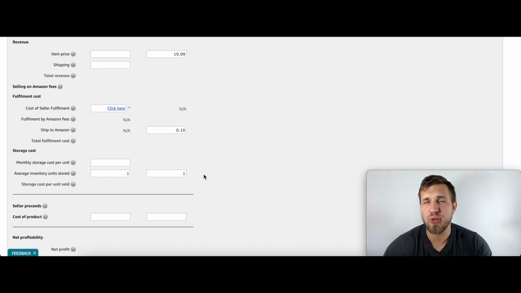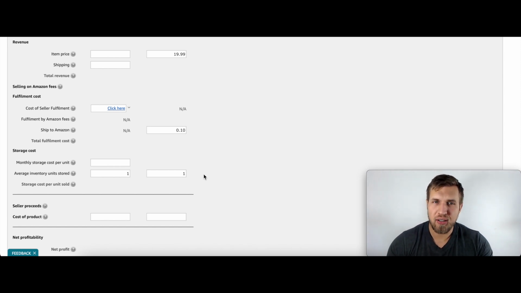Now, the next thing we have to choose is actually the average inventory units stored. Okay, now I personally leave this blank, and the reason why I leave this blank is because it's almost impossible to know what the average unit storage is going to be at Amazon. And at the end of the day, calculating gross profit, which is what we're trying to do in this video, is simple: sales minus the cost of sales equals gross profit.